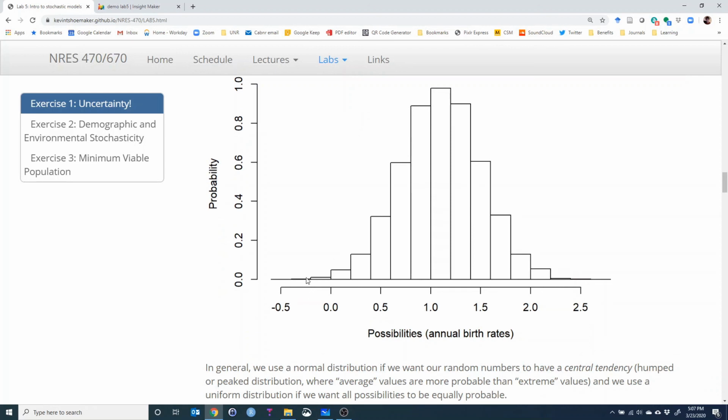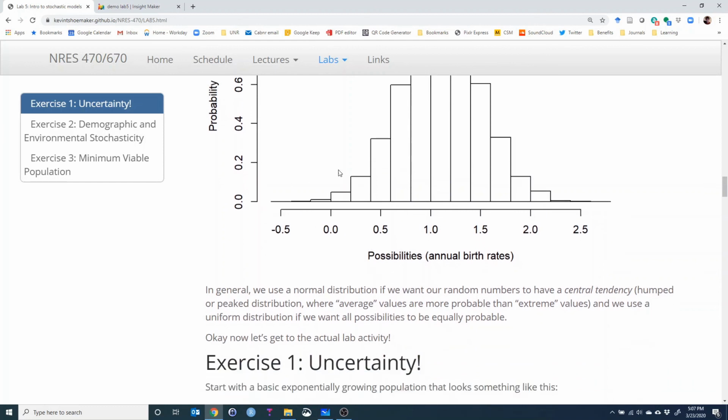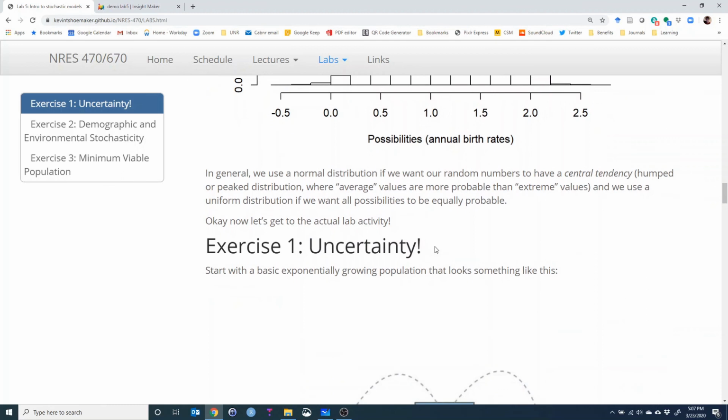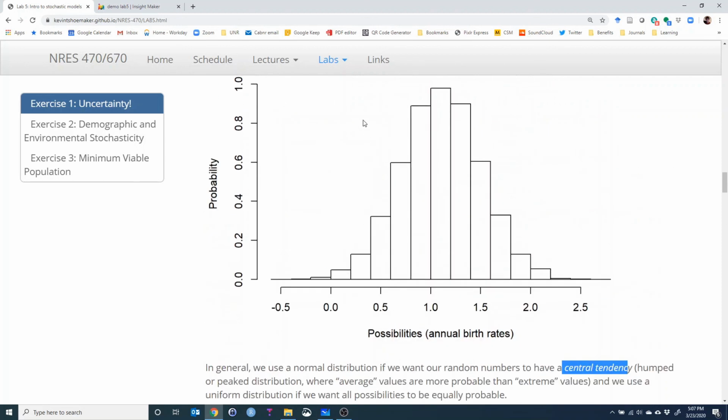And you see in this case, it goes negative because a normal distribution can go negative. So that's a little bit unrealistic to think that annual birth rate could go negative. So in that case, we might want to use a log normal distribution, which can't go negative. But in this case, we're going to let that slide, and we'll use a normal distribution. In general, we use a normal distribution or log normal if we want random numbers to have a central tendency. That is, there's kind of average values that are more common than extreme values.